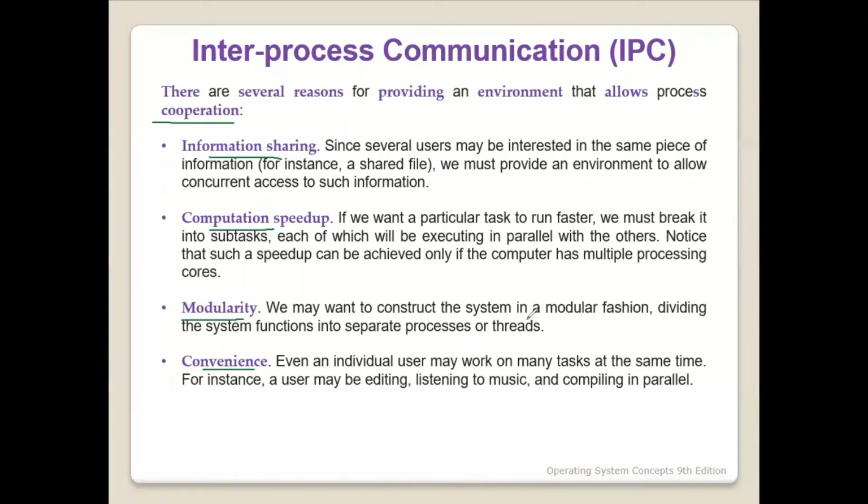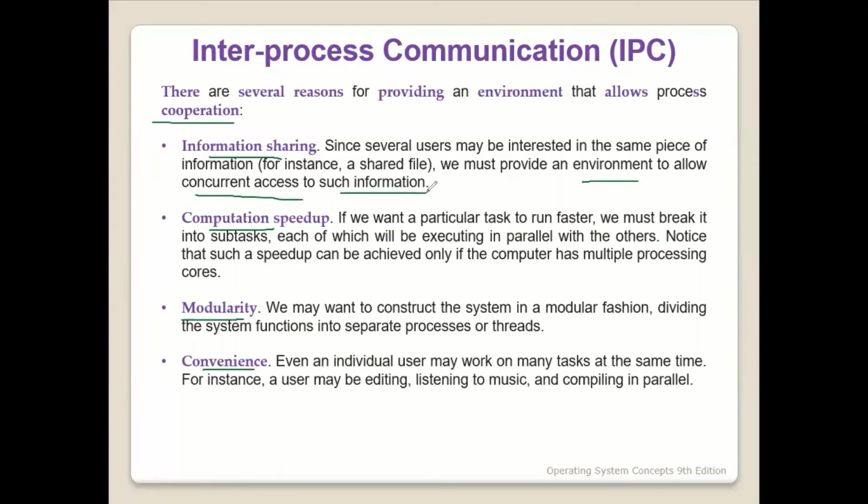First reason is information sharing. Let's assume that you have many users interested in the same piece of information. So there is a file, and that file needs to be used by many processes. So we need an environment that allows concurrent access to that kind of information.